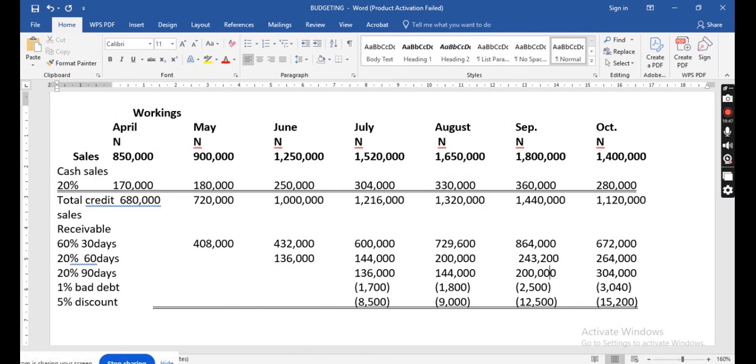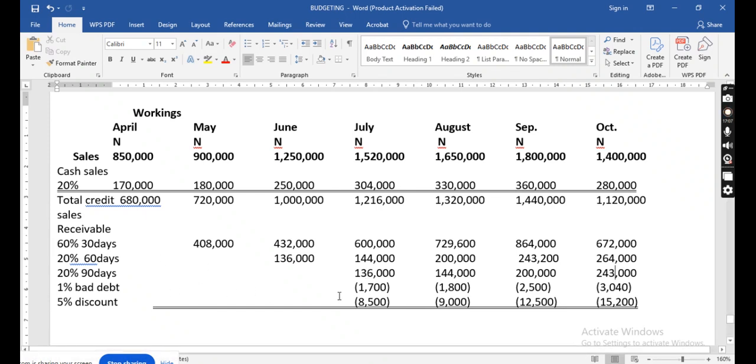We're supposed to do it for October and November, but we don't need it. The only thing we need here is July, August, and September.